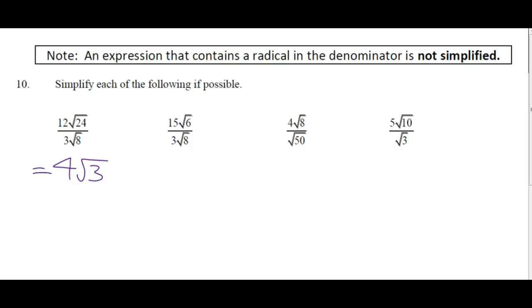What's 15 divided by 3? What's root 6 divided by root 8? Wait, we could do this. What's 6 over 8? It's reduced to 3 over 4.